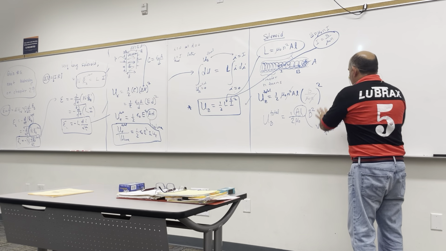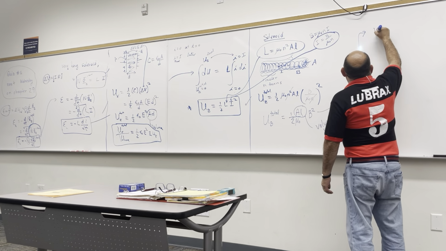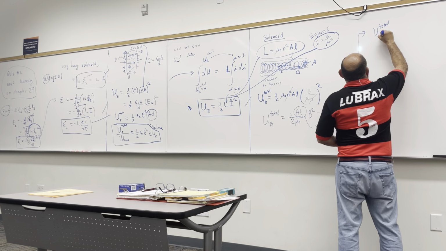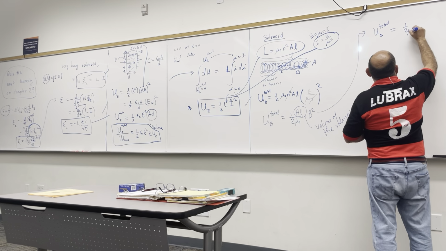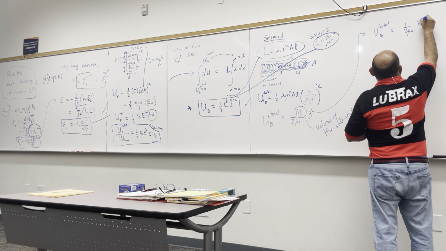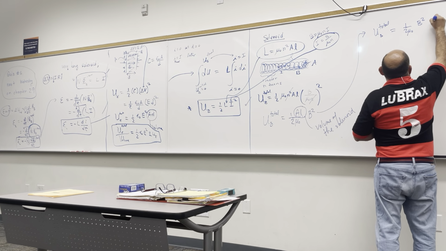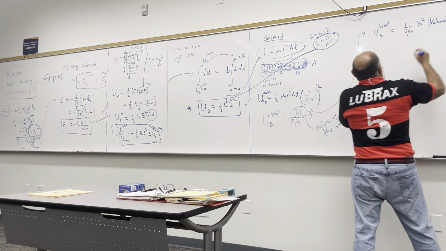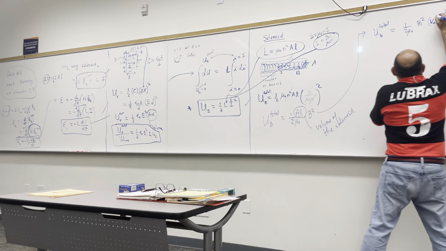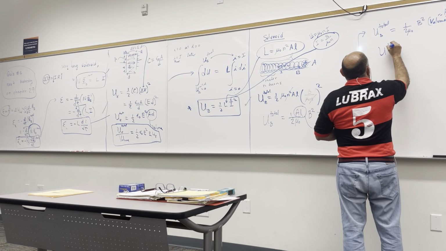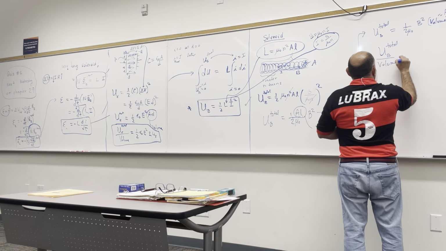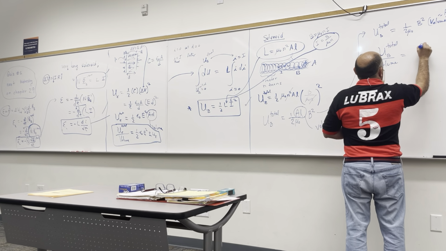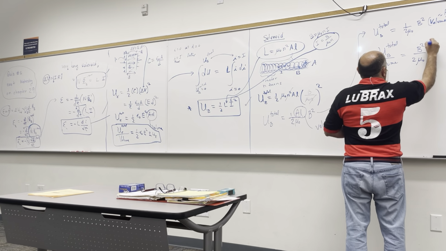So therefore, this expression for the total magnetic energy can be written as 1 over 2 mu naught B squared times the volume of the solenoid. And if I divide by that, because this volume is A times L, then I get the total magnetic energy per unit volume. That would be B squared over 2 mu naught.